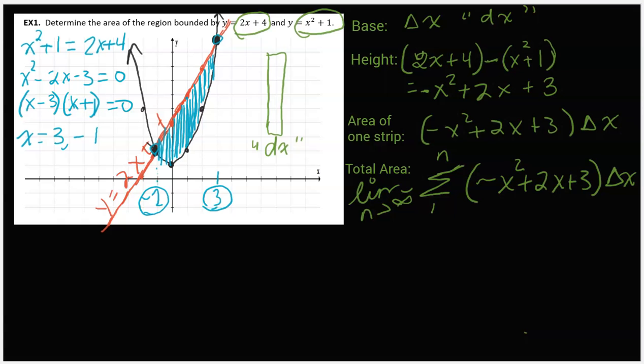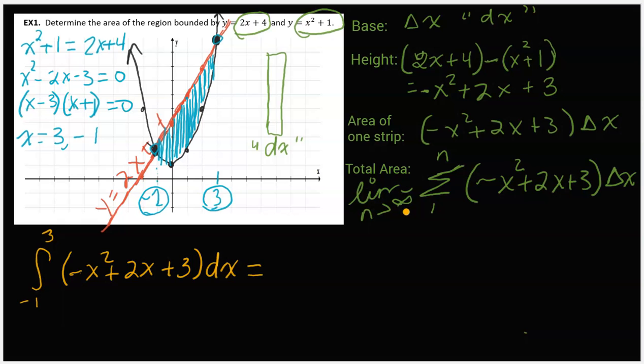When we take the limit as n goes to infinity, that turns into what we define as an integral, right? So we're talking about the integral from negative 1 to 3 being the total area of the function negative x squared plus 2x plus 3, and we are integrating that with respect to x.